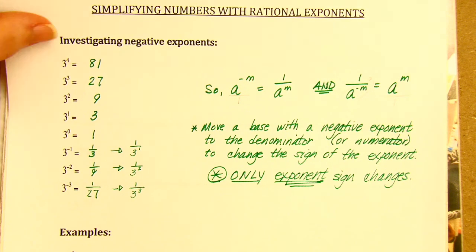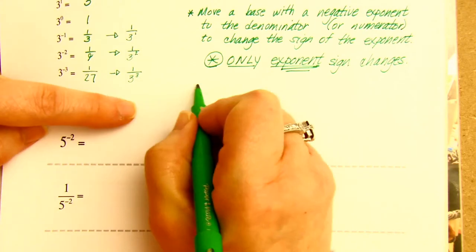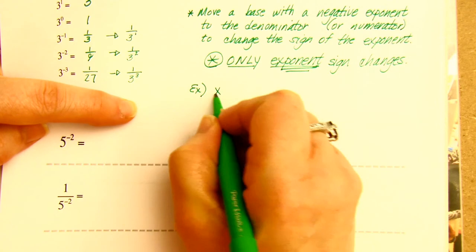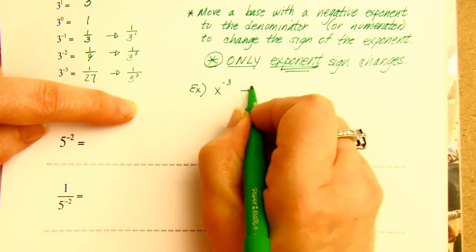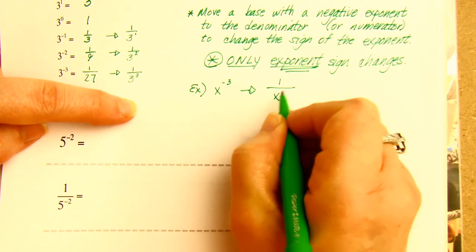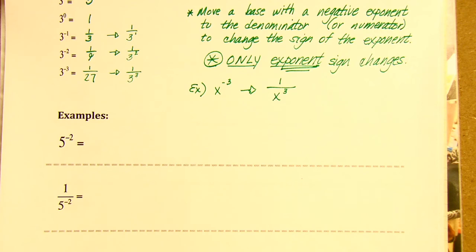So, for example, if I have x to the negative 3, I'm going to rewrite this as 1 over x to the positive 3. See, expressions involving exponents are not fully simplified if you have negative exponents. They got to be all positive exponents.